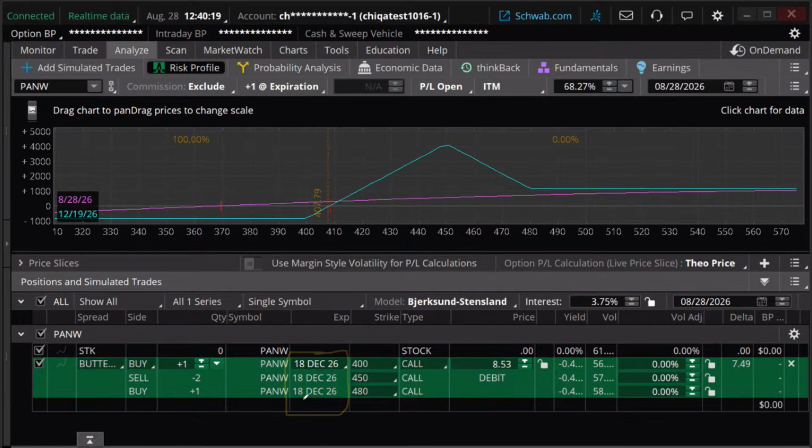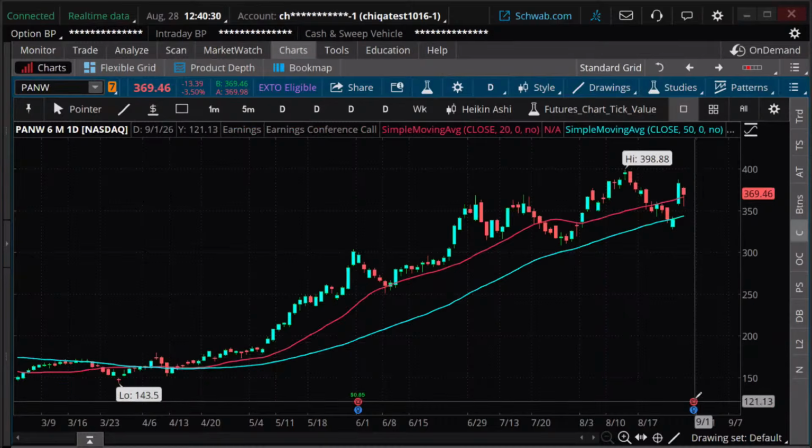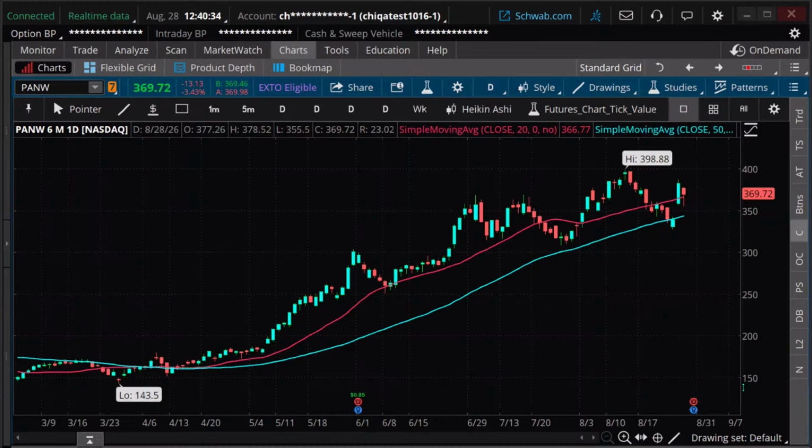Now, some of you may look at this chart and say, we got earnings in a couple days. Look, we don't just have earnings in a couple days, we have earnings in 3 months as well. We're going to go through 2 earnings cycles before this trade expires. That's okay.